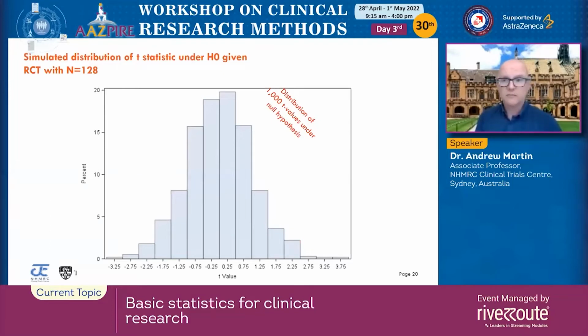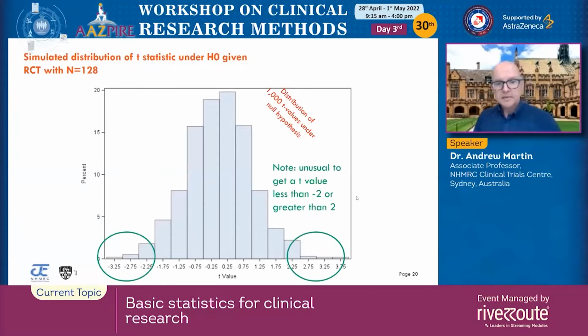And these trials have 64 patients in each arm, so their total sample size is 128. And you can see that the t statistic is generally around 0, but it can be appreciably higher or lower. However, it's kind of unusual to get a t statistic of greater than 2 or smaller than -2.